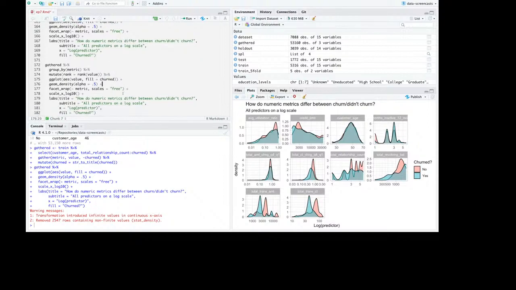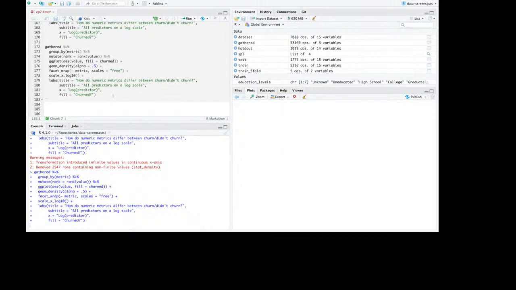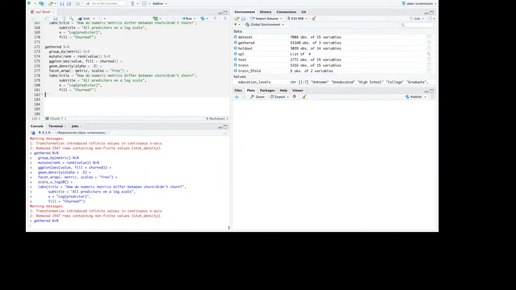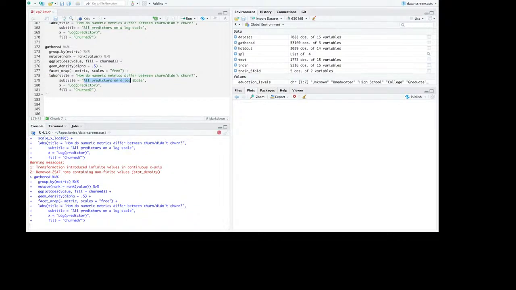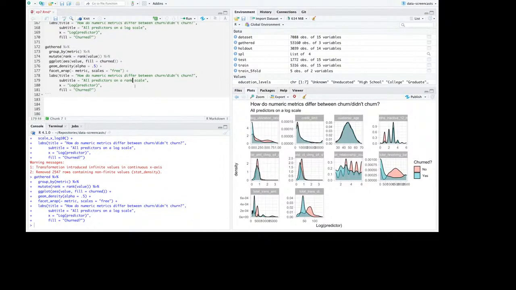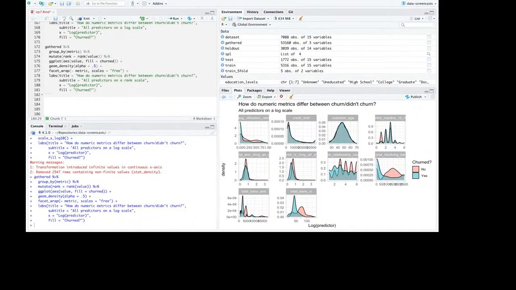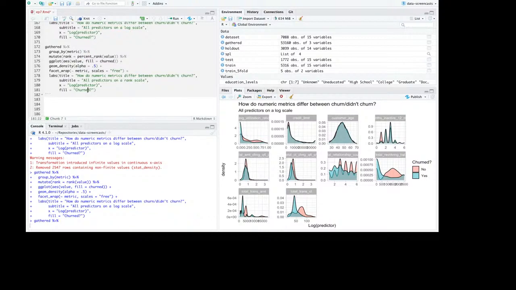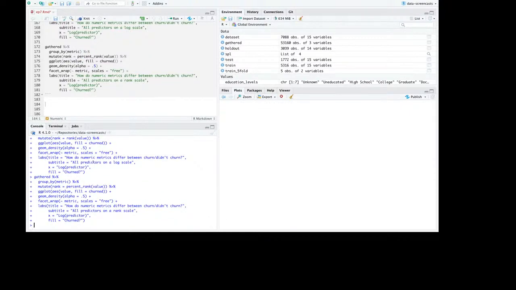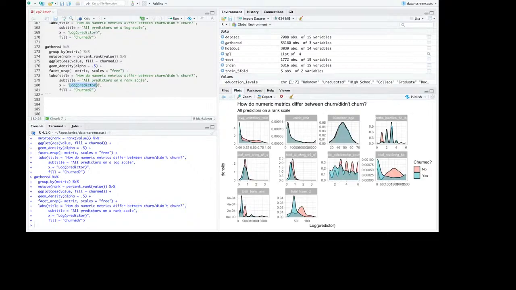That'll mean they would be uniform. Oh, and drop the log scale. Sorry about that. I think it's called percent rank.